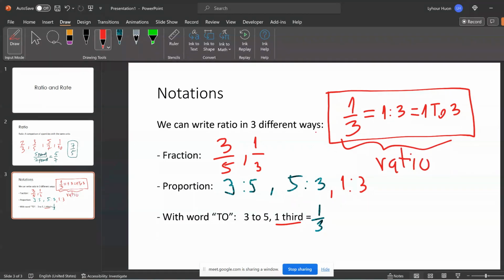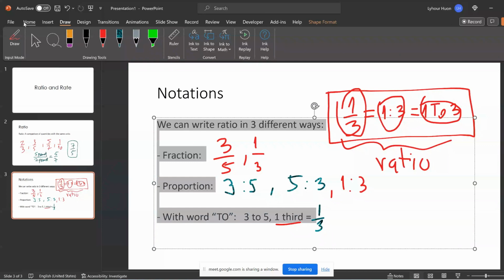We can write it in fraction this way, proportion this way, or with words this way. And that is all ratio.